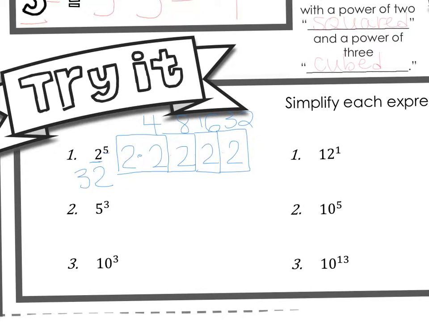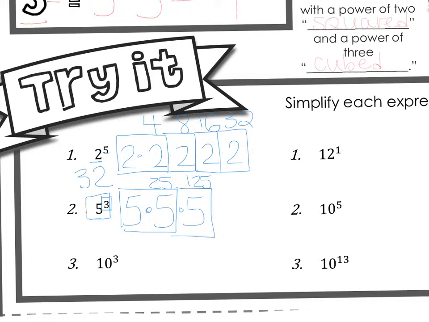Now, number 2. 5 to the 3rd power. That means to take 5 and repeatedly multiply it 3 times. So 5 times 5 times 5. So then to solve that, I do 5 times 5 is 25. Times 5 again is 125.